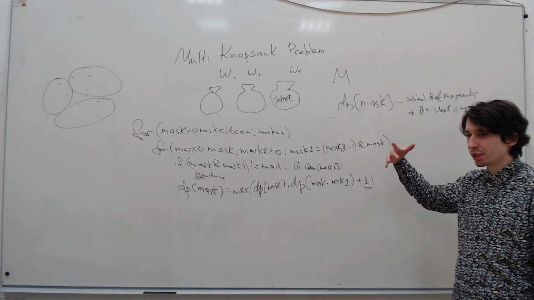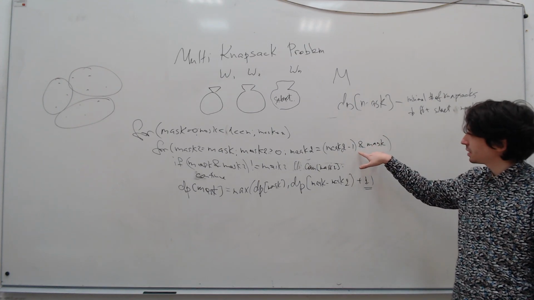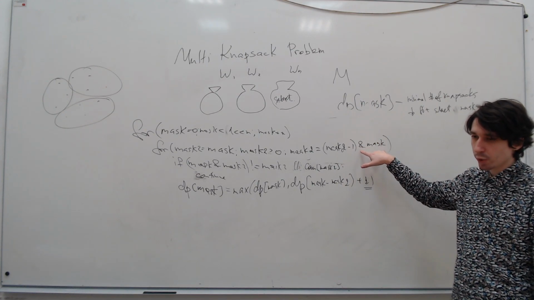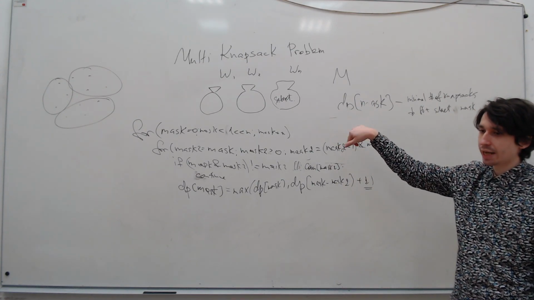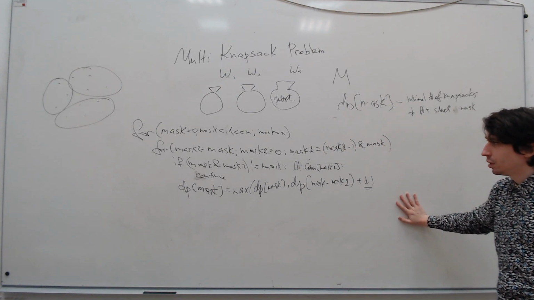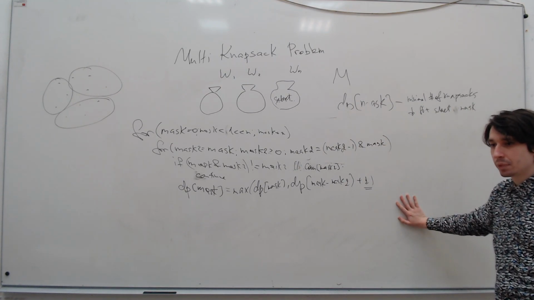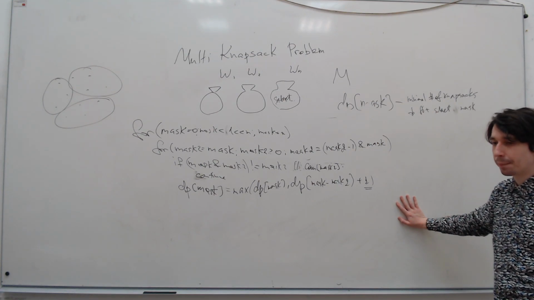But here you not only decrement by 1, but also take the AND with the mask, so you take only the subset of it. It will be all the unique subsets. Yeah, exactly.